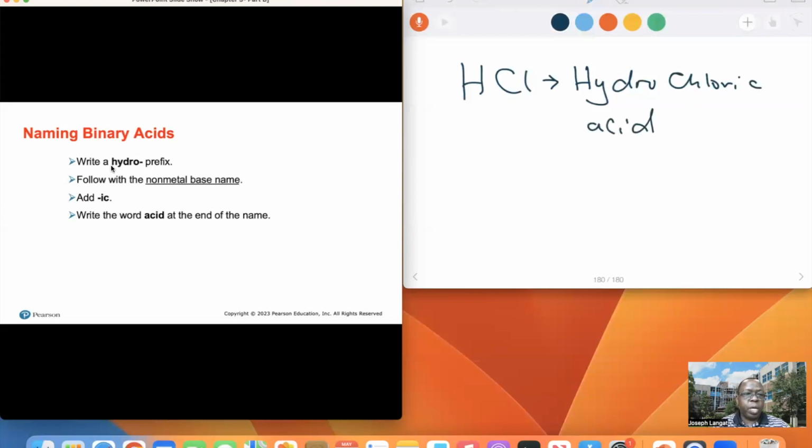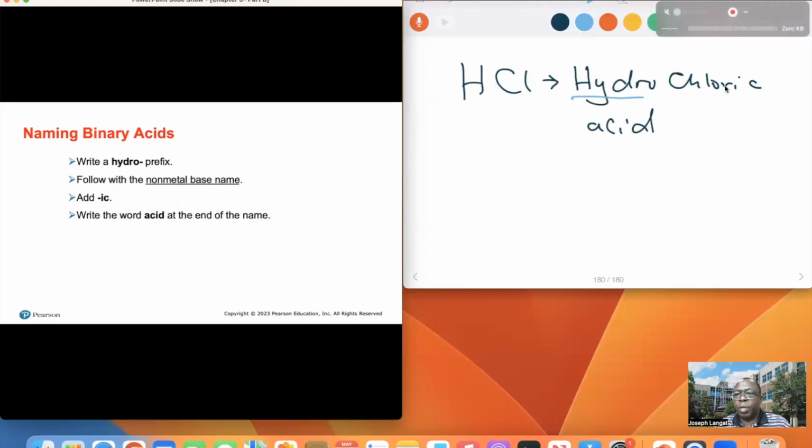What is mentioned here is the word hydro. You see this hydro, and followed by the base name. The base name is chlor. Non-metal base name. The non-metal here is chlorine. We have chlor. And then we add the ic.